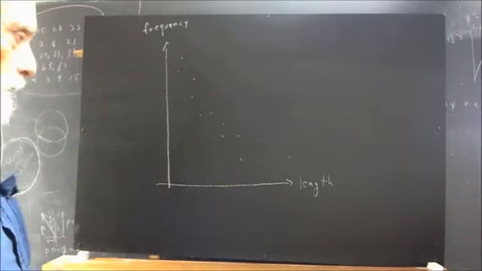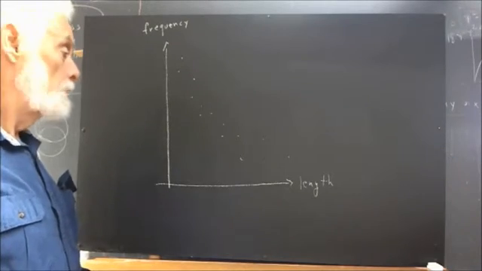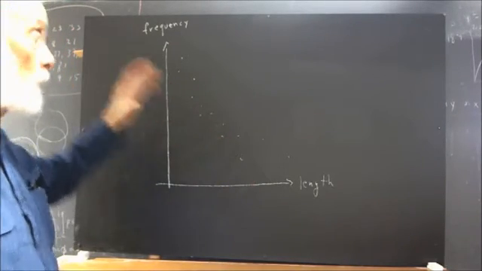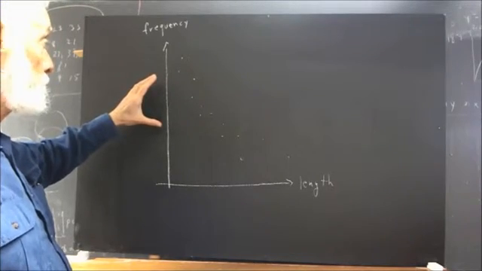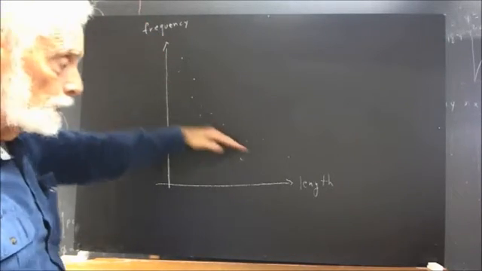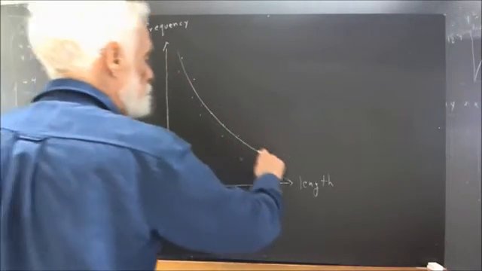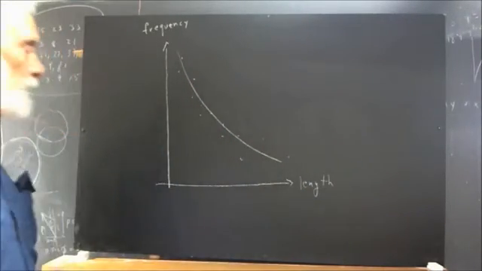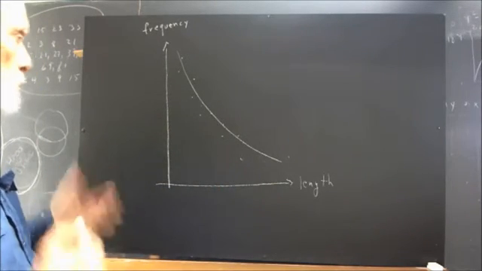Actually, looking at the shape of this thing, I don't think I have the frequency versus length shape right, but if this is it, then we have this kind of a graph for frequency versus length. And then we can sketch a curve that fits the trend of the graph, and we can analyze that curve using the methods that we've used for power functions.